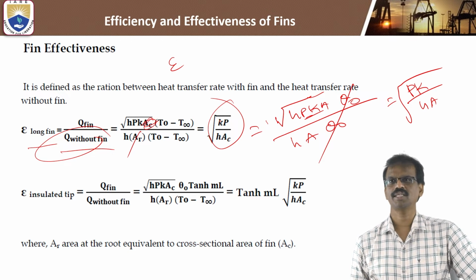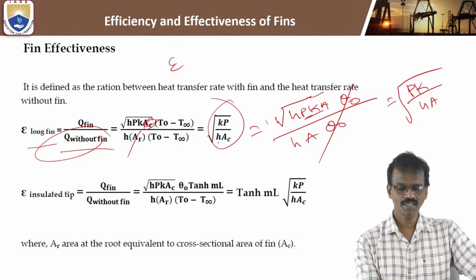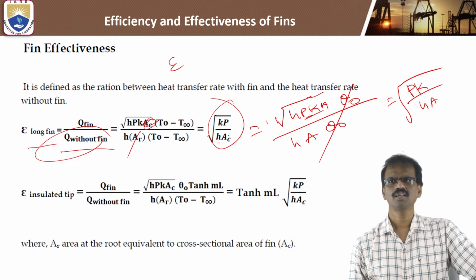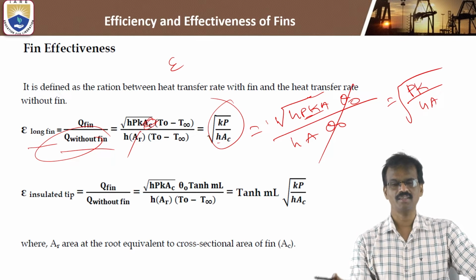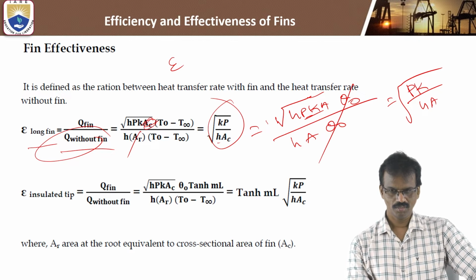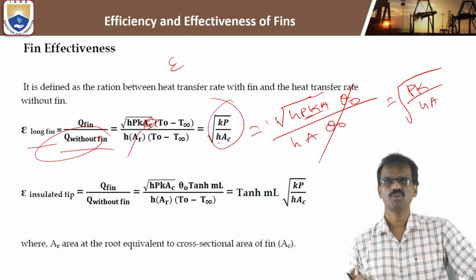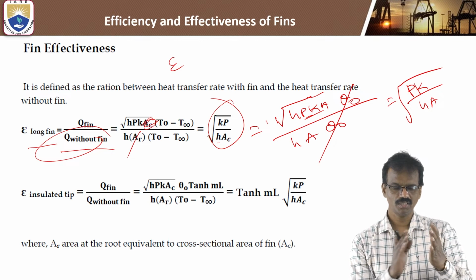So the formula is the square root of kP/(hA). K is the thermal conductivity, P is the perimeter, h is the rate of heat transfer coefficient, and A is the cross-sectional end area. Not the top surface or bottom surface areas. This is the attaching area, the end area.